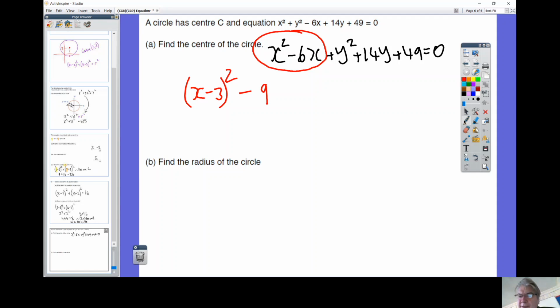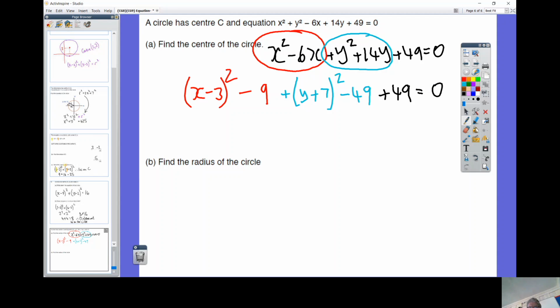Repeat for the y bit. Again, don't just copy mine. I'm relying on you just to check that you agree with what I've done. So I haven't got the answer written down anywhere.